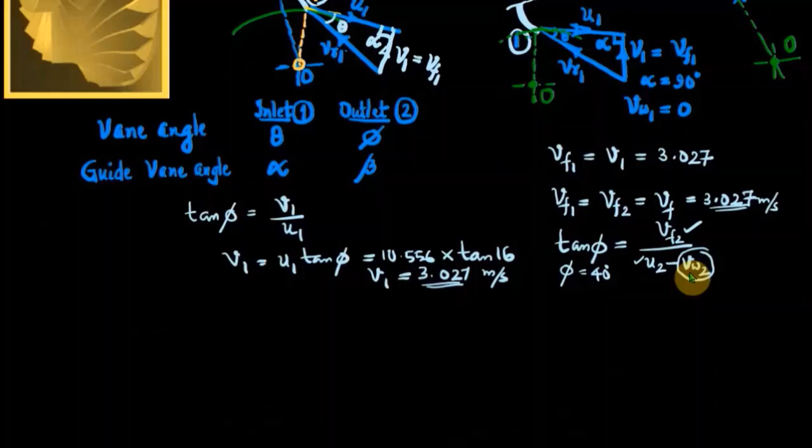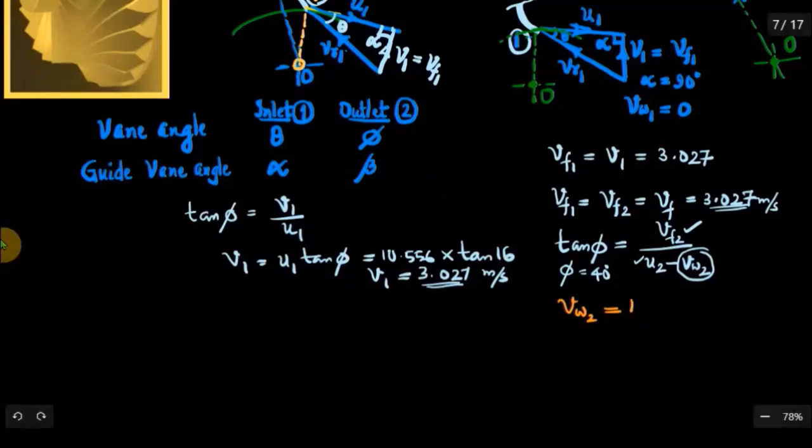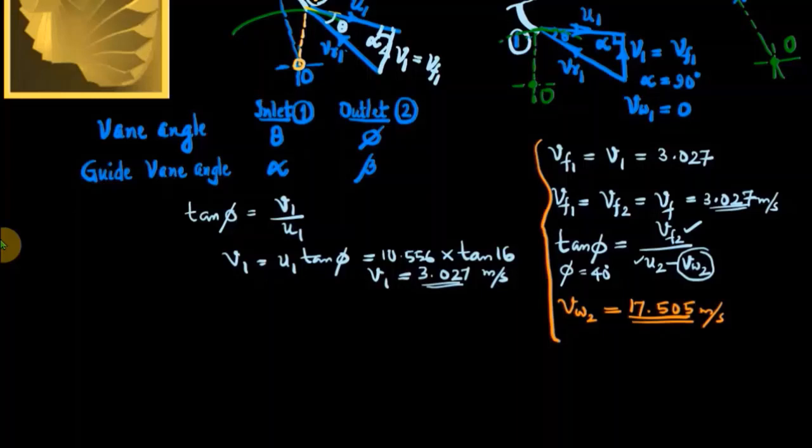The same way as I explained, if you calculate, VW2 will be equal to 17.505 meter per second. Please verify this answer. Once you substitute U2, VF2 and angle phi in this relation for tan phi, you will get VW2. So we have VW2 also.